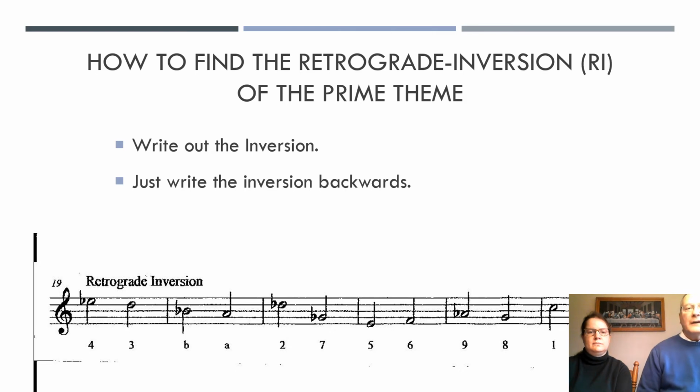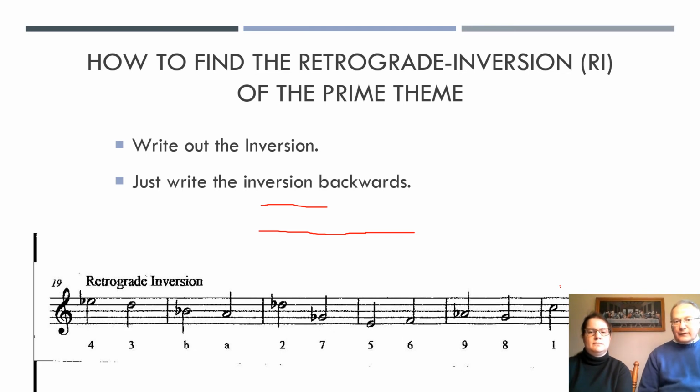There are two ways of getting the retrograde inversion of the prime theme. Cindy only wanted me to talk about the easiest way. So you already have the inversion down. Just write the inversion backwards, and that will be the retrograde inversion.